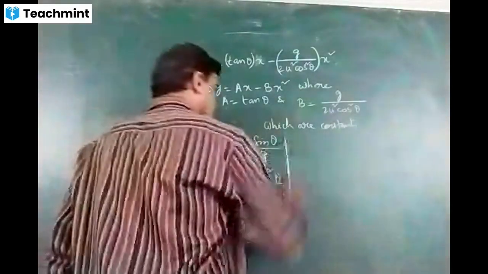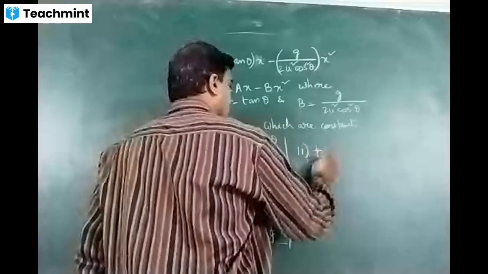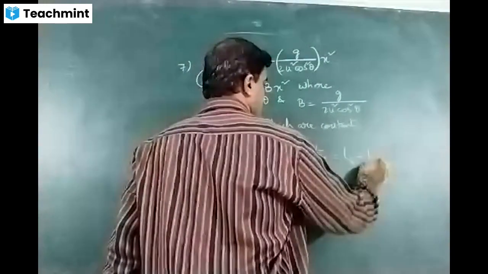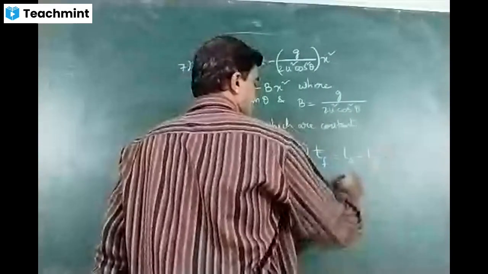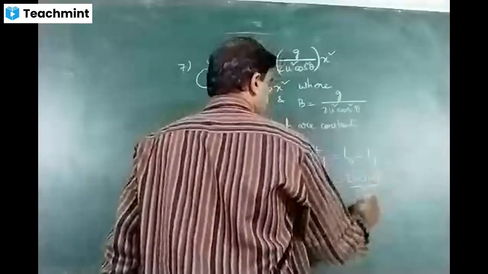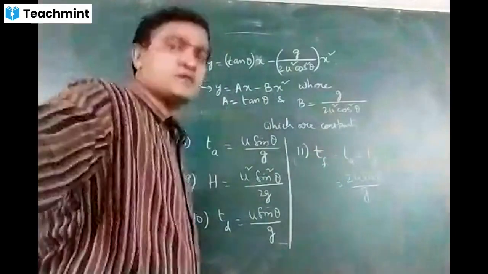Number 11, time of flight formula, time of ascent plus time of descent, which is equal to 2u sin theta by g. Time of flight is equal to 2u sin theta by g.